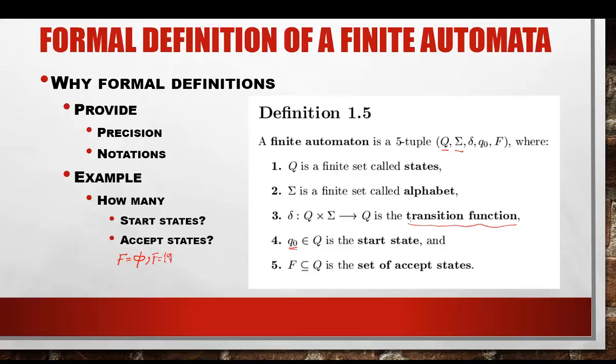F could be Q sub 0, right? Or it could be equal to Q. So a finite automata where all of its states are accept states is also still a finite automata. So as you see, this formal definition resolves all questions that we may have about really formally defining our finite state machine, finite automata. And as I said, we can only have one and only one start state.